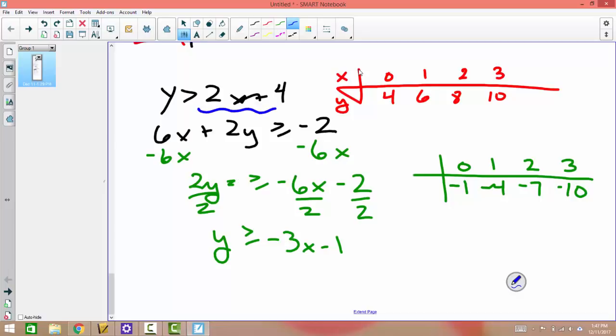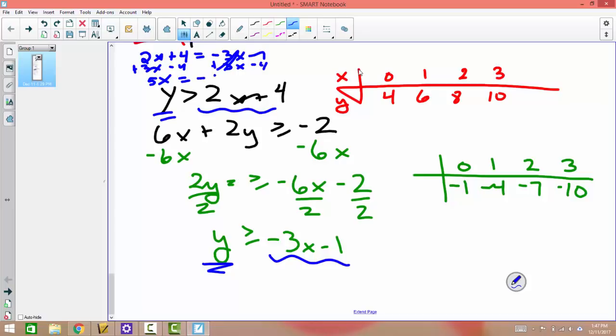We can set these two equal to each other like we did last time, since they're both equal to y. So the question is, when is 2x plus 4 going to equal negative 3x minus 1? So you would add 3x to get 5x. And then you would also subtract the 4. So 5x equals negative 5. So at negative 1, they should cross.